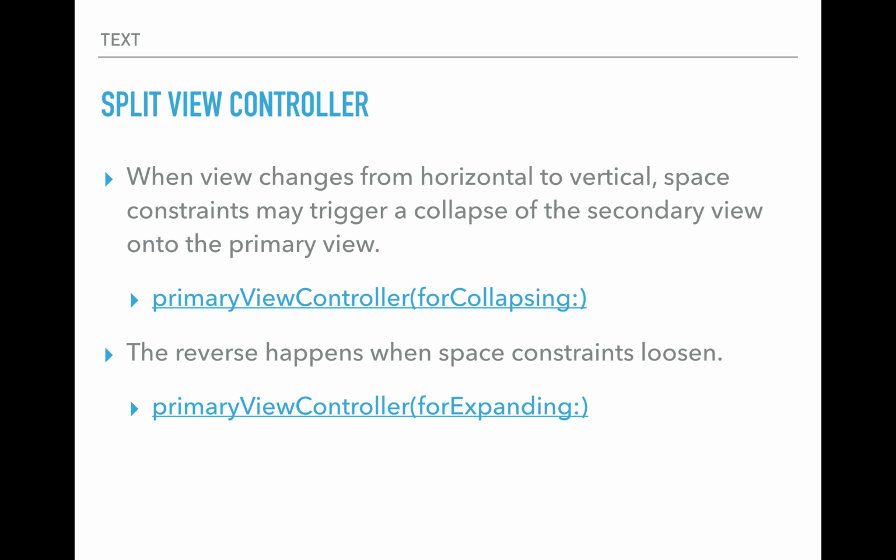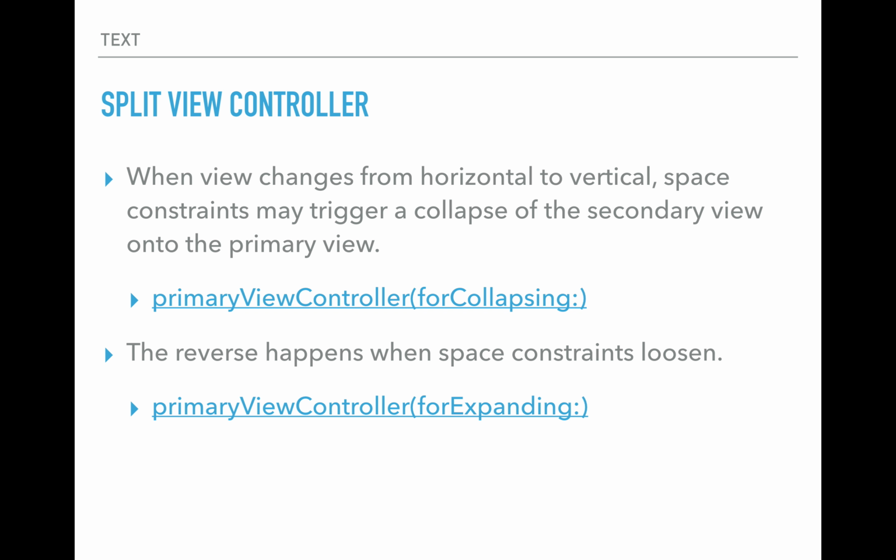So similarly, whenever you reorient your screen to where it can't maintain primary and secondary views on the same screen, it triggers what's called primary view controller for collapsing. Say your view looks really good when both primary and secondary are on the same screen, but when you rotate it, it looks really ugly and you want it to point to another view controller just to handle that case.